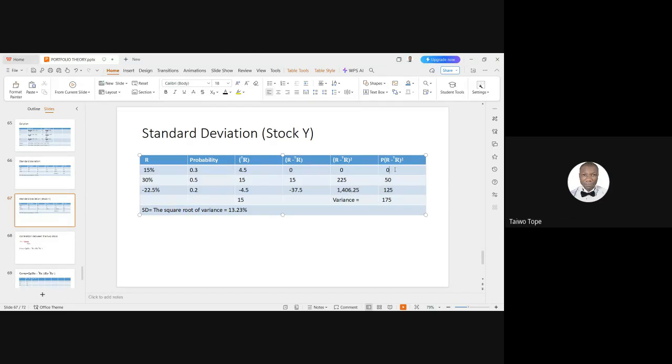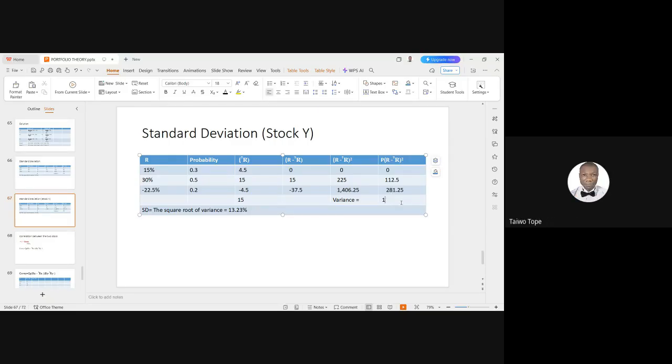When you do P multiplied by R minus R bar squared, it will be 0, 115 and 281.25.